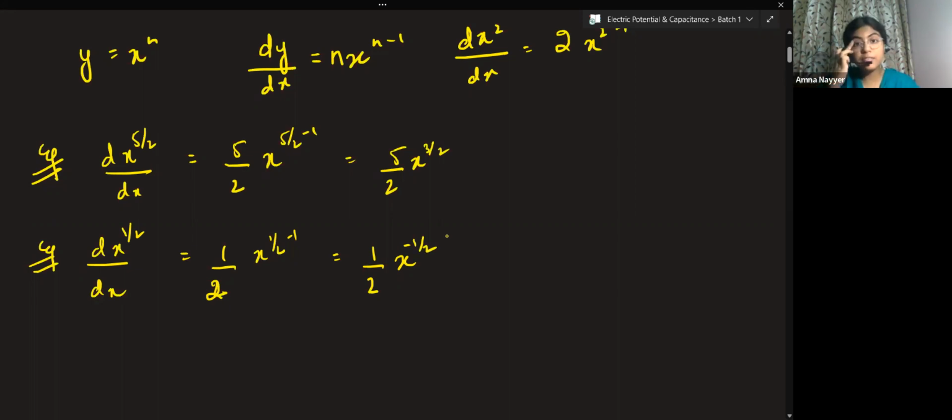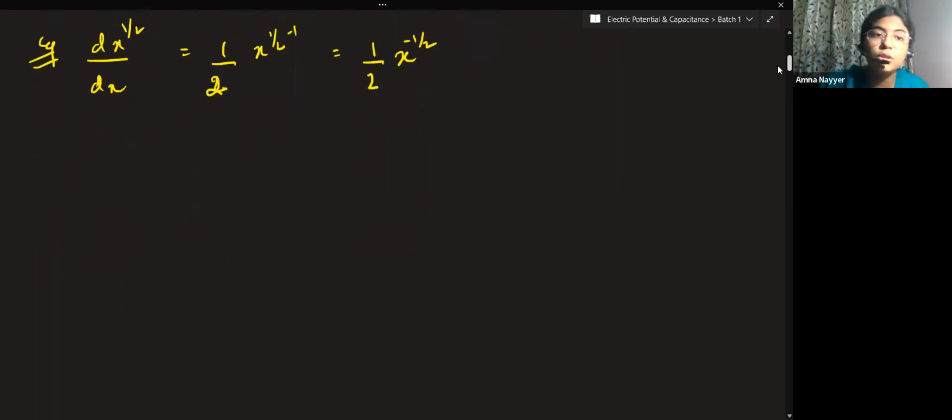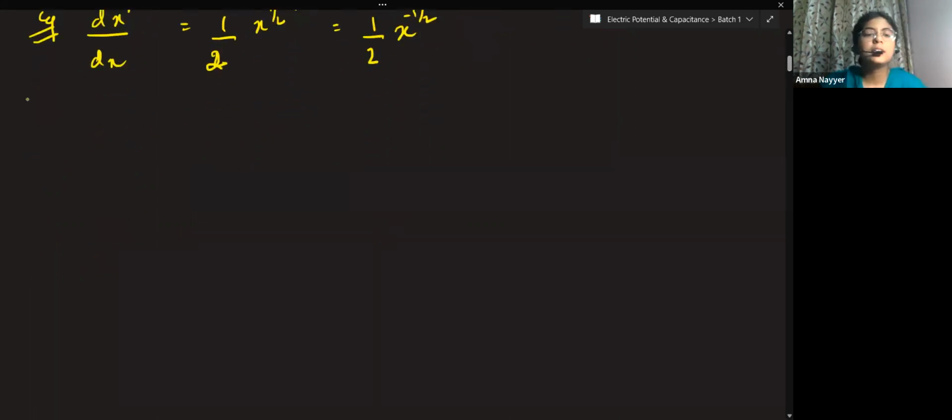Then you have a few properties of differentiation that you should know. First is the constant function property.